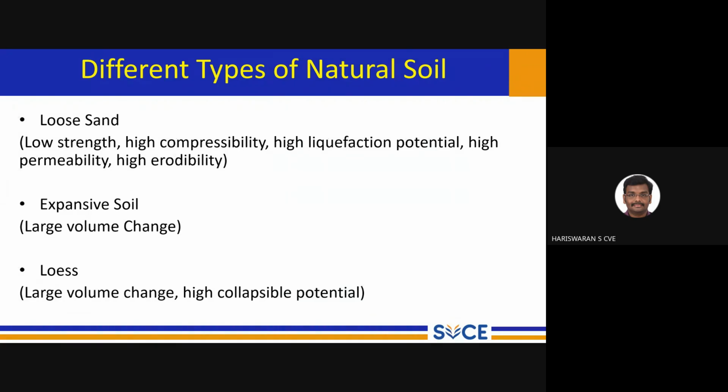In that case, the strength will be very less. The most dangerous thing, like silt, is that a loose sand also has a high liquefaction potential, right? As having very large voids or interconnected voids, the probability of permeability is also high, and erodibility is also high.